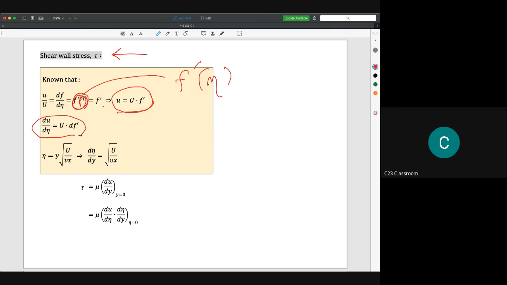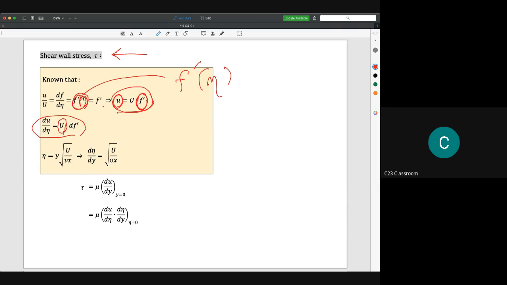I think you already know this. When we differentiate the u here, du d eta, the f here will become in differential form too. The capital U will be constant because U here is the free stream velocity, and the free stream velocity is not changed.